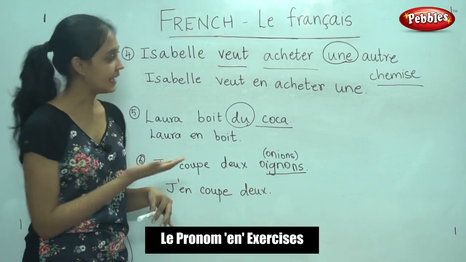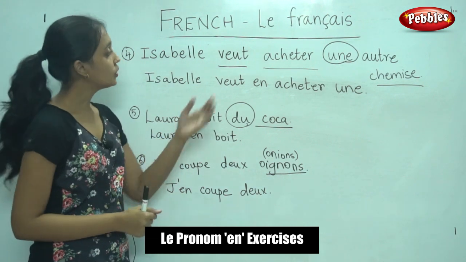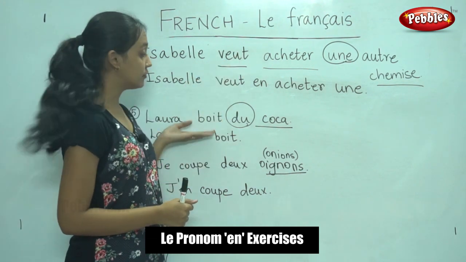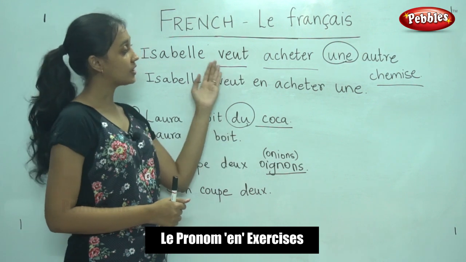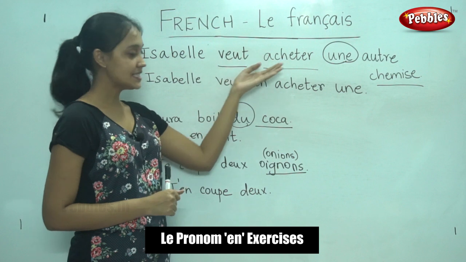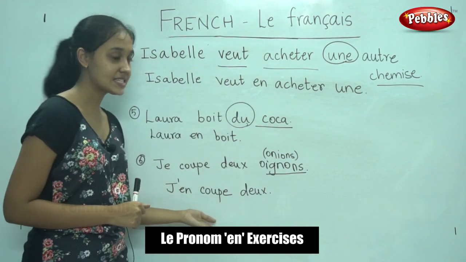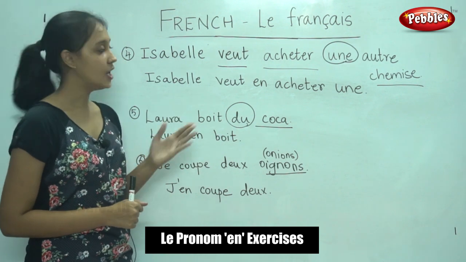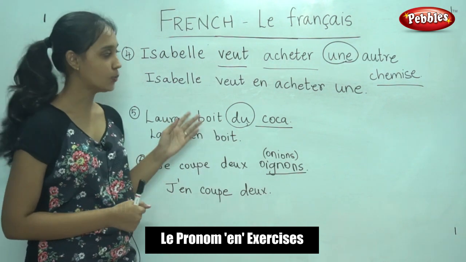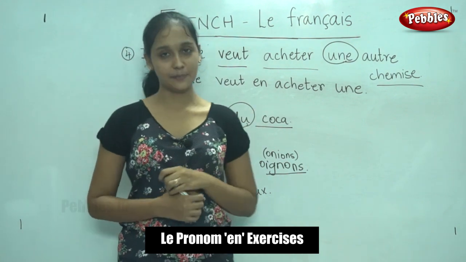We place en before the verb. And what would you do if there are 2 verbs in the same sentence? You would write it in between the 2 verbs. So this is a very simple concept. It is le pronom en. I hope you understood this, and we will learn more about this in the upcoming classes.